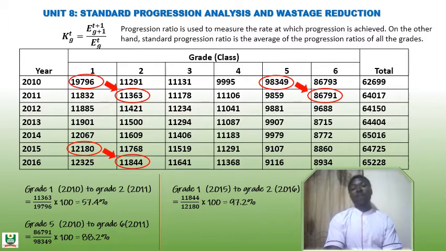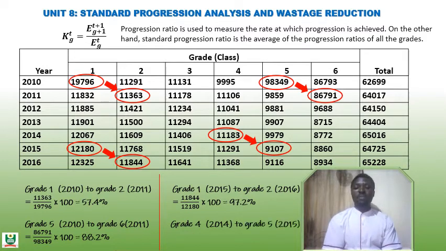Let's take one more. We have grade 4 2014 going to grade 5 2015. So we employ the formula grade 4 2014 to grade 5 2015.